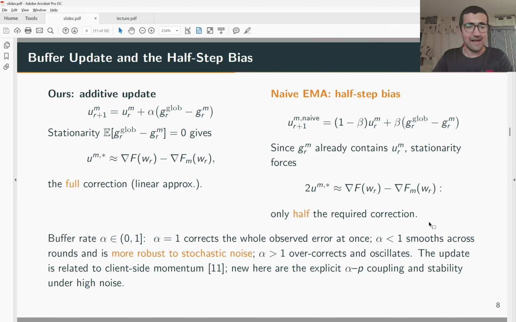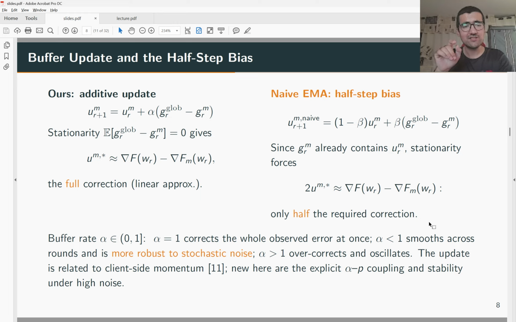And given that error signal, the update rule is almost embarrassingly simple. Left box, as you can see here, the new buffer equals the old buffer plus alpha times the residual. Just accumulate the residual drift scaled by a buffer rate alpha between 0 and 1.